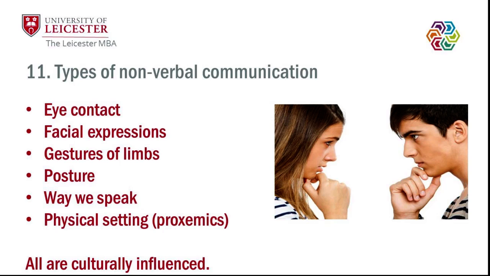A distance less than half a meter will indicate an intimate emotional relationship of some kind. These distances will be interpreted differently in different cultures, and we'll look at some important cultural influences on communication a little later in the lecture.